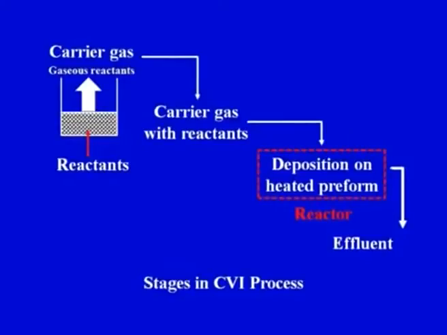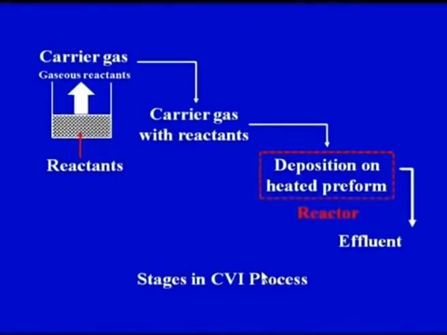So this is one particular diagram on your screen, a very simple diagram just to explain what we have already discussed. These are the stages in the CVI process. You can see you have the reactants.